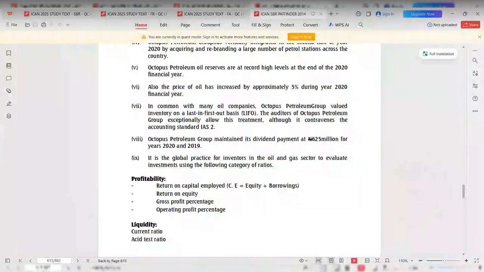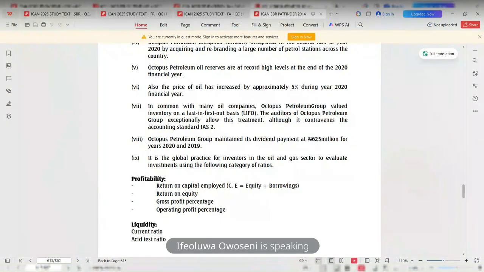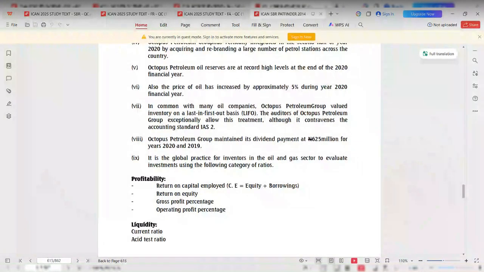It is equity plus borrowing for this particular sector, because we are working on oil and gas. For this particular sector, we calculate it like this. Thank you. So now, if you check our solution, you will see that we have done that here.